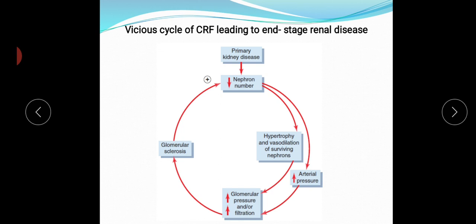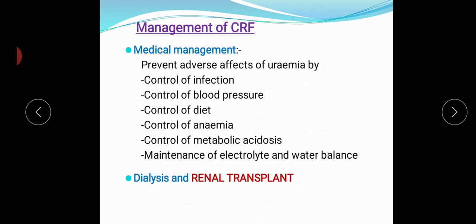So once chronic renal failure begins, there will be a vicious cycle, and the patient may urgently require a renal transplant. The primary management is to control the various symptoms: blood pressure, diabetes, diet, blood volume, and acidosis if there is. But the final treatment here is dialysis, and the permanent treatment is the renal transplant.